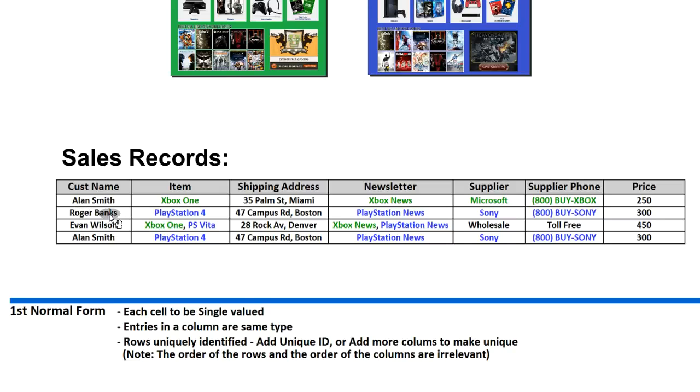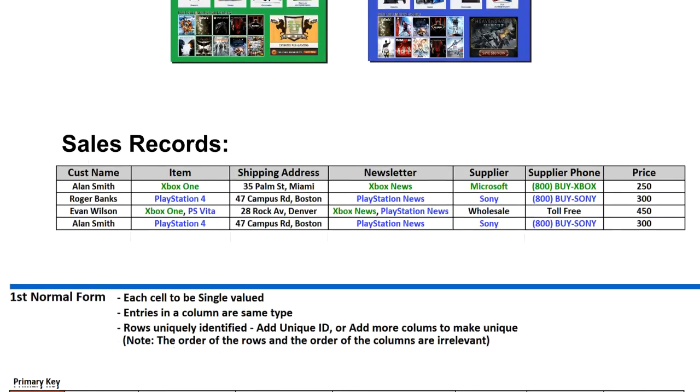So this Roger Banks rents a house while he's in college, and Alan Smith also rents the same house with them. They rent it together. So they have the same address while they are in college. So the question is, is this Alan Smith from Miami going to college in Boston, and this is the same guy? Is this now his address, or are they completely different people? From this table, we cannot figure that out. So those are the issues.